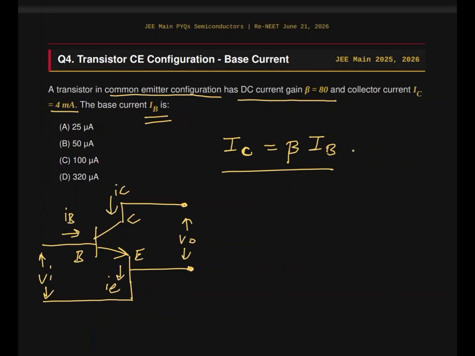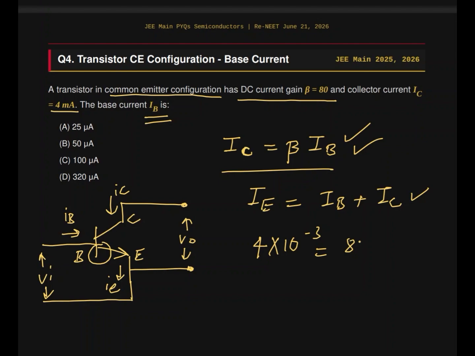You just need to remember this, and the emitter current will be, just apply KCL here, base current plus collector current, nothing else. In this question, we just need this. We have 4 milliamps as 80 times base current.